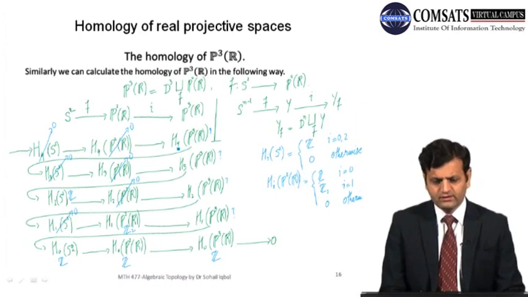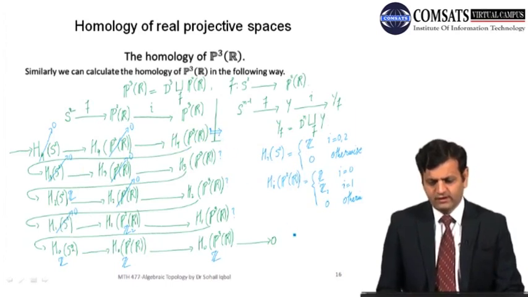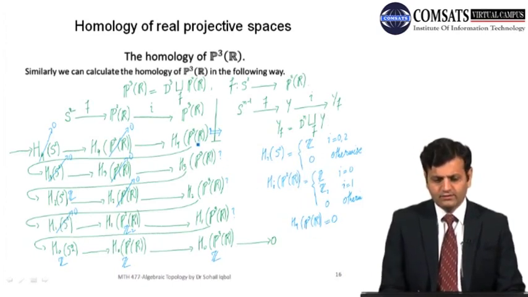This is easy to calculate. Why is it easy to calculate? Because there are zeros on both sides, so we can say that H4 of P3R is 0.